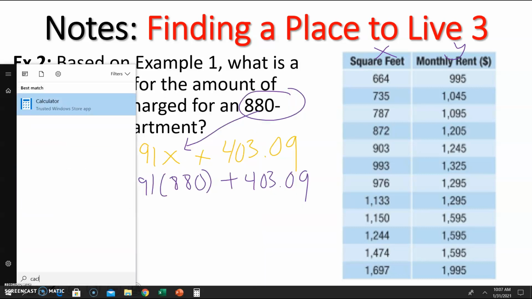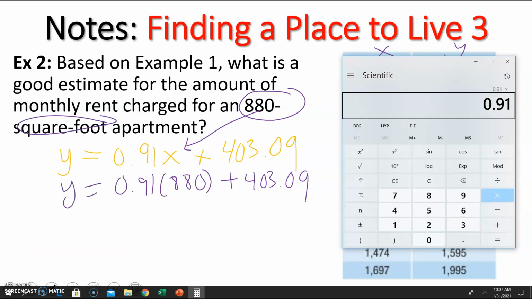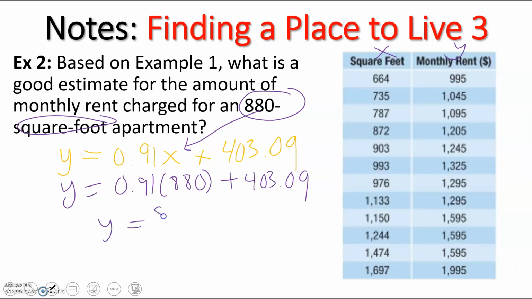We're going to grab a calculator, and we have 0.91 times 880 plus 403 and 9 cents, and we can see that that is $1,203.89.